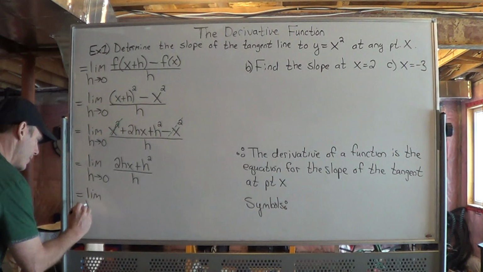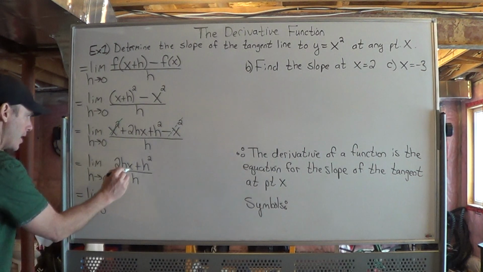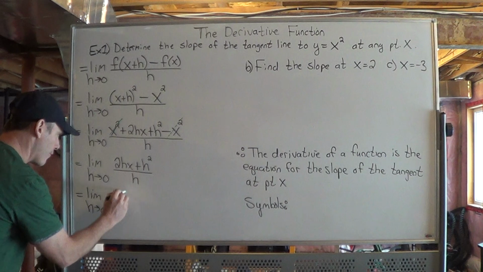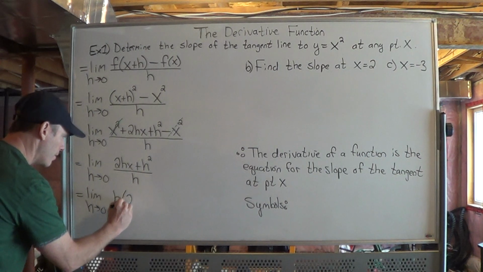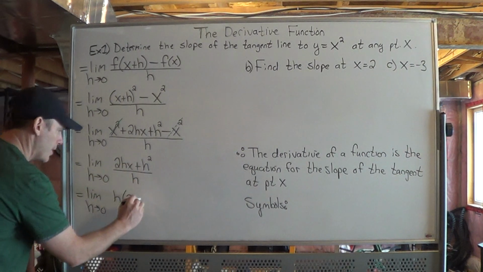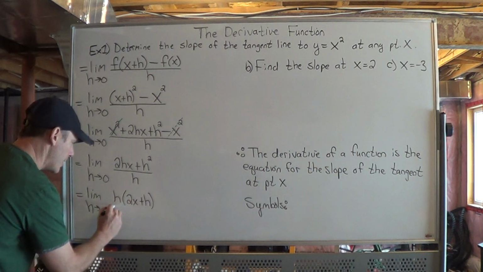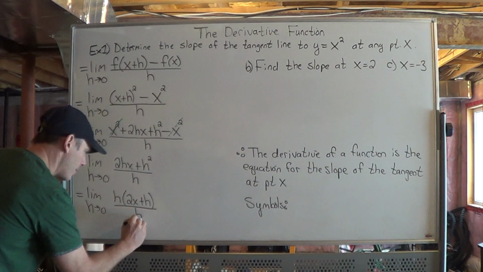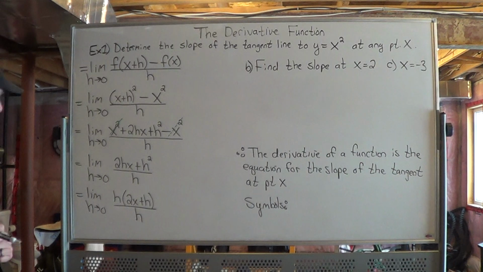Alright, so it's the limit as h approaches 0. Factor out an h, so I got an h in front. I'm going to have a 2x here, and a plus h, because one h is gone. And then, of course, I've got my h down in the denominator.